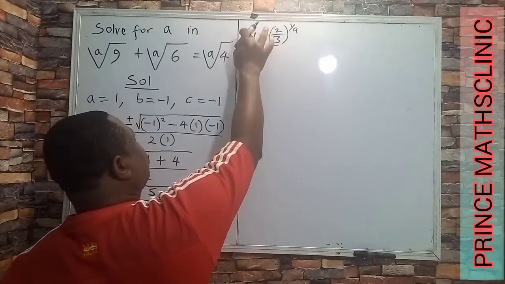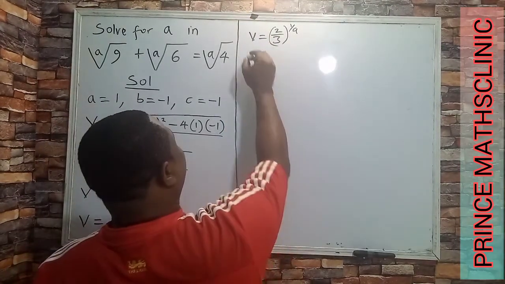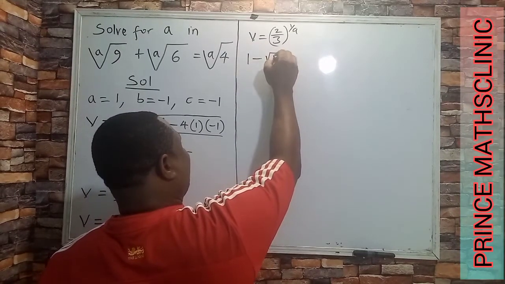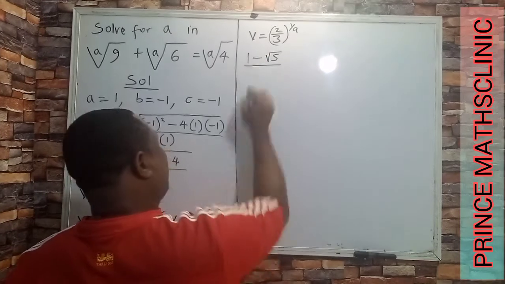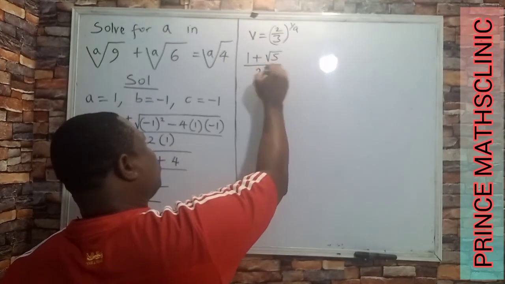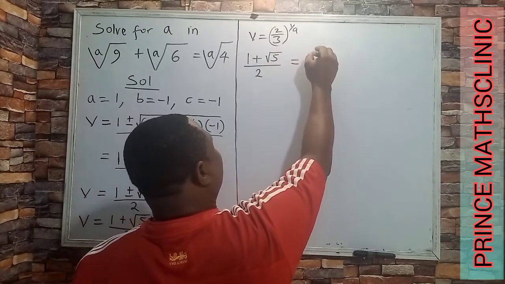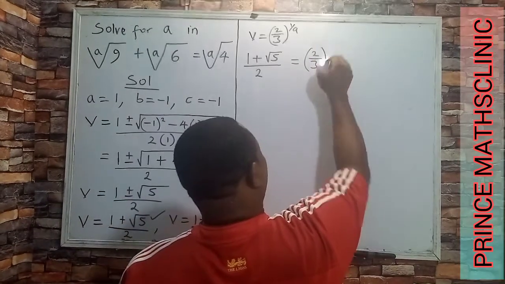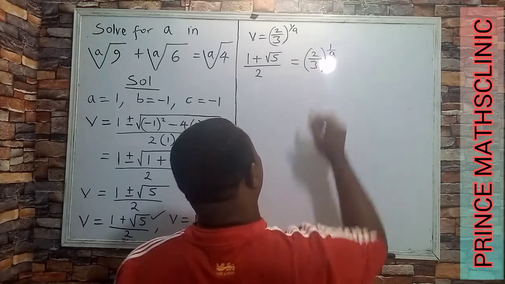It then means that I will substitute in the value for v here. So 1 plus square root of 5 over 2 is equal to 2 over 3 to the power of 1 over a.